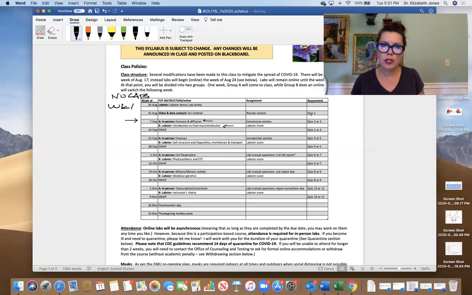The following week, before we start lab, you will have a quiz that will cover this week's material. So this quiz 1 will actually be this following week, right before the next lab, if that makes sense. And I'm going to talk more about that later, okay? So you can see here what will be your assignment for each week, and then you will have a quiz each week on the previous week's laboratory that you performed, okay?